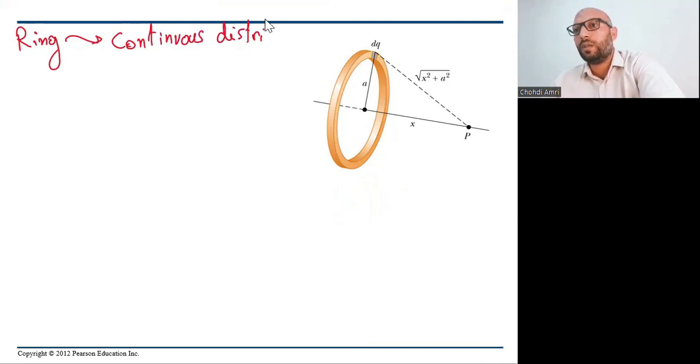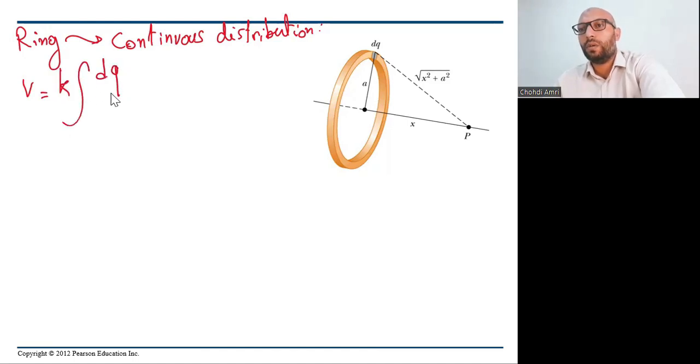In this case, V equals k times the integral of dq over r. As I said in the previous slide, we must express r, we must express dq, and then the limits of the integral, and then we calculate our integral.